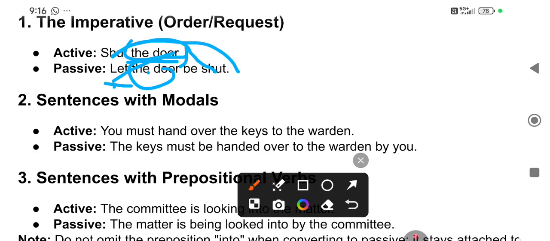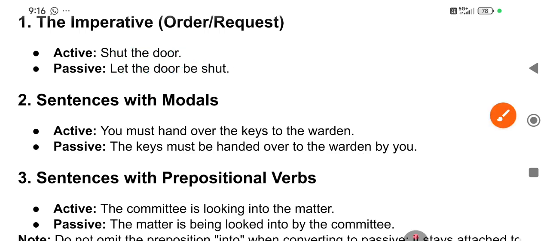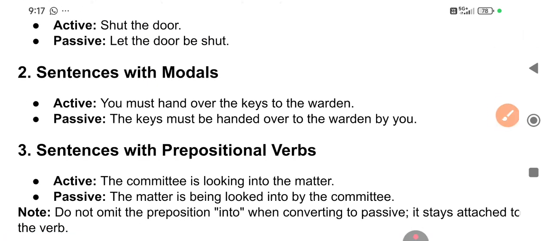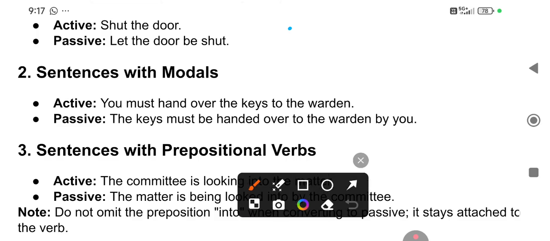But the third form of shut is shut, shut, shut, put. So some words have the same three forms. For example, shut, put. All three forms are the same, right? So this is the first rule: let the door be shut. I am giving you another example.